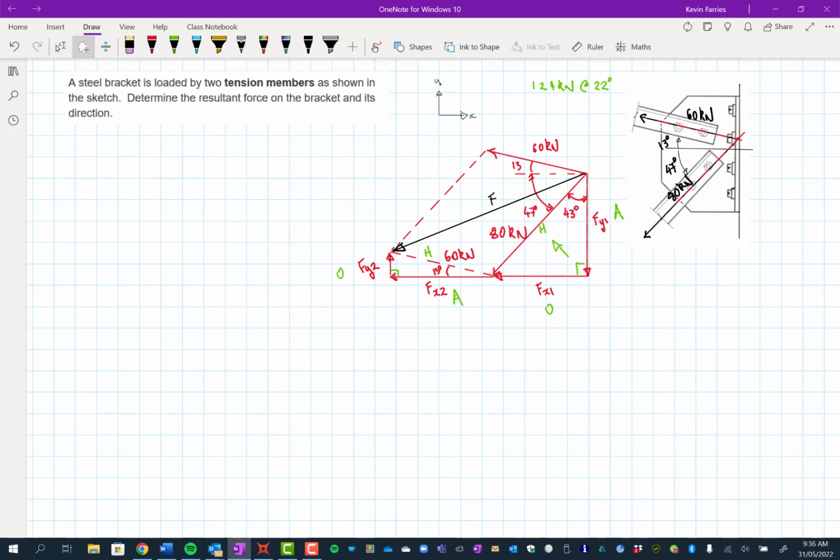We'll get Fx1 first. So for Fx1, we've got the hypotenuse, we want the opposite, so sine 43 degrees is equal to opposite over hypotenuse, which is Fx1 over 80.